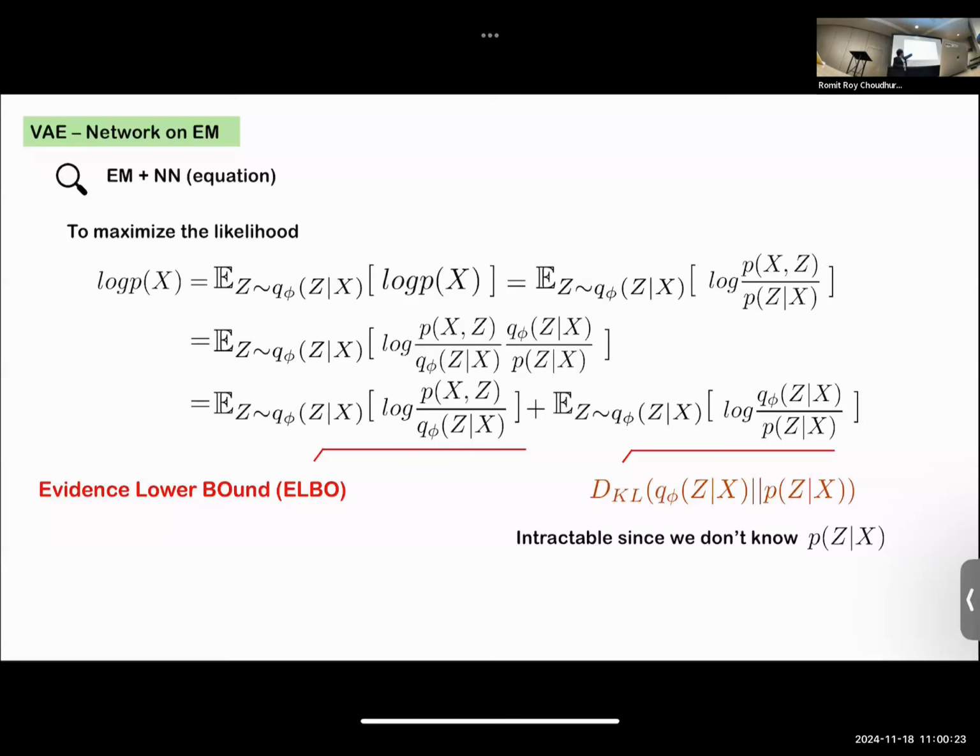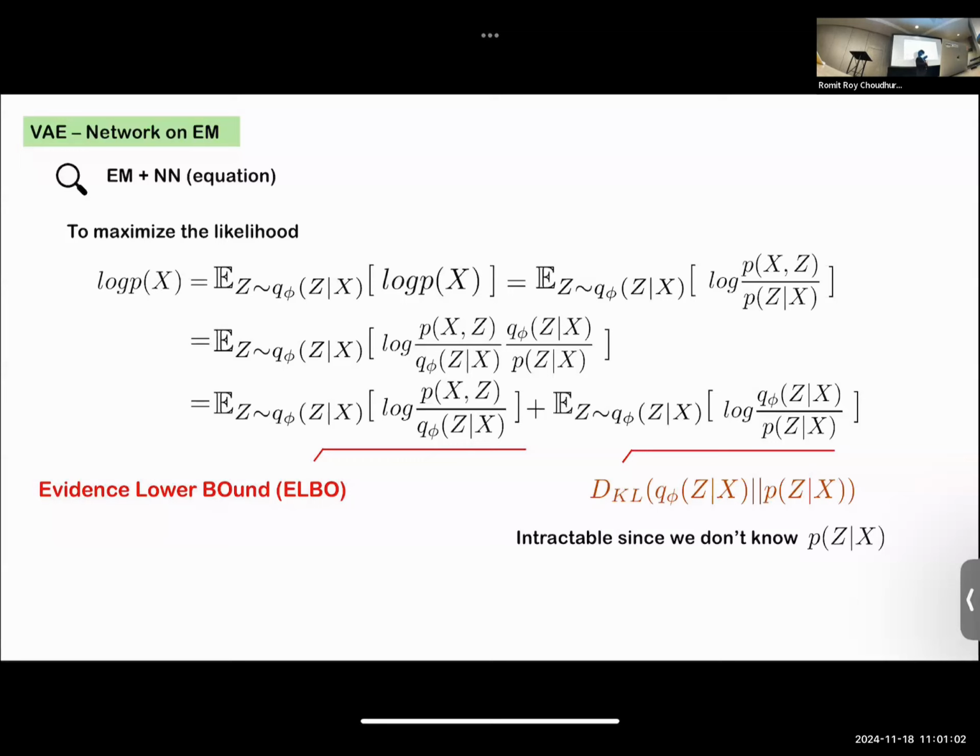One is the expectation over Q phi z given x of log of p(x,z) divided by Q phi z given x. You don't need to remember the exact term, but VAE is actually optimizing this bound, this term. Why? Because the second term is a KL divergence, and this KL divergence is a distance between two distributions that can never go negative. So if you maximize the first term, you are actually maximizing the lower bound of your likelihood.